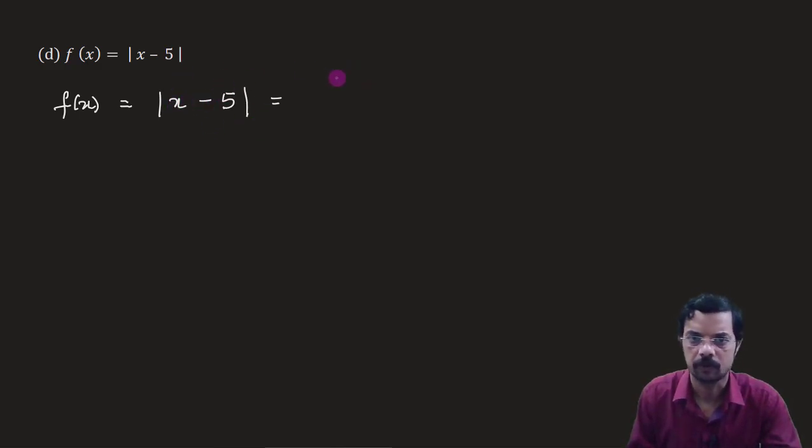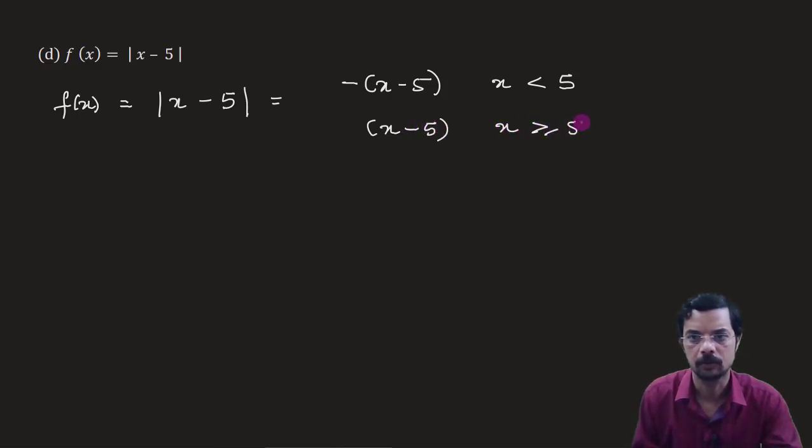Therefore it will be equal to minus of (x minus 5) when x is less than 5, otherwise it is defined as x minus 5. That is, when x is greater than or equal to 5, we can define it the positive way as it is.